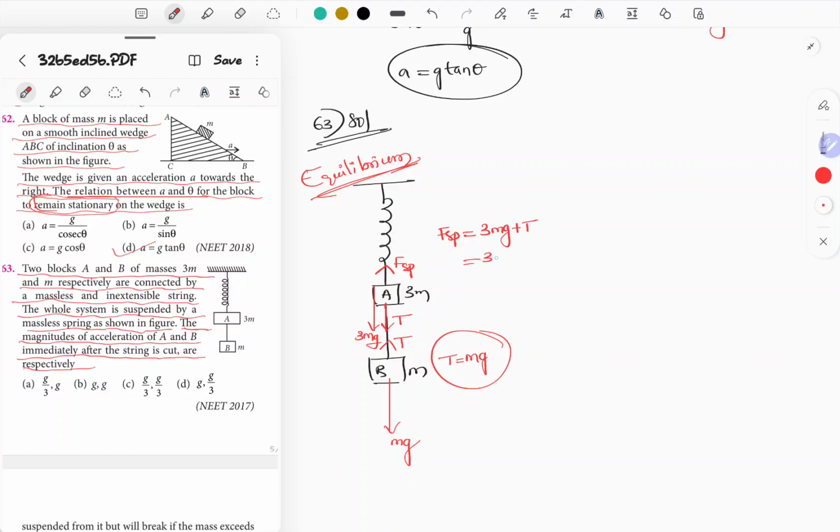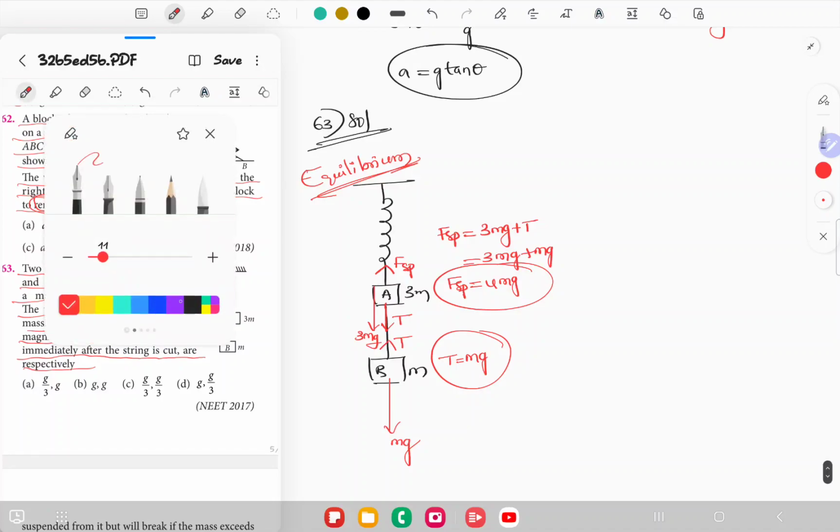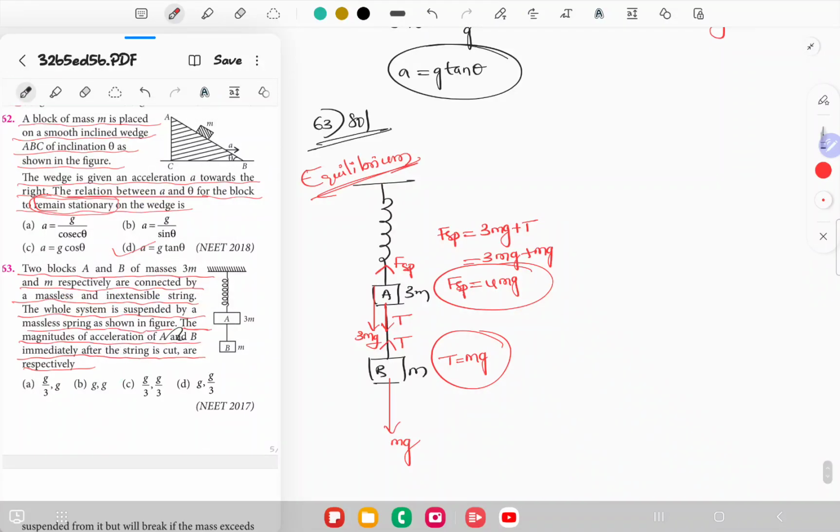Tension is mg, so 3mg plus mg is equal to 4mg. This is the spring force acting on that block. Super. Let us see what question they're asking. They're asking for the magnitude of acceleration of A and B after the string is cut.